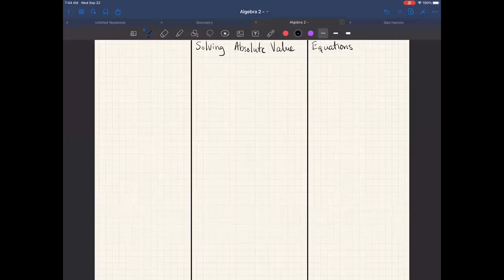So when you have the two different solutions, the reason for that is called a disjunction.